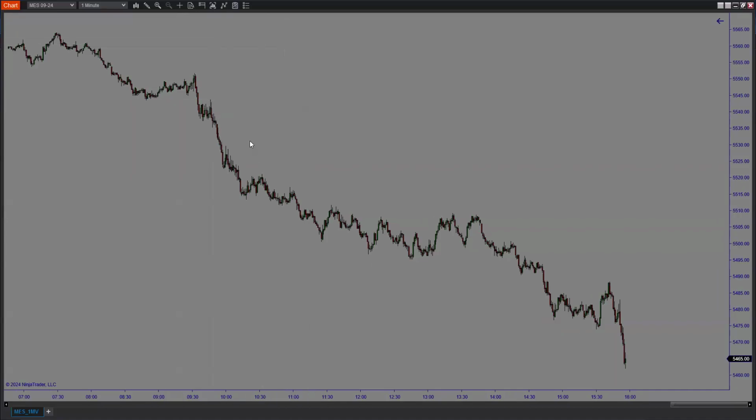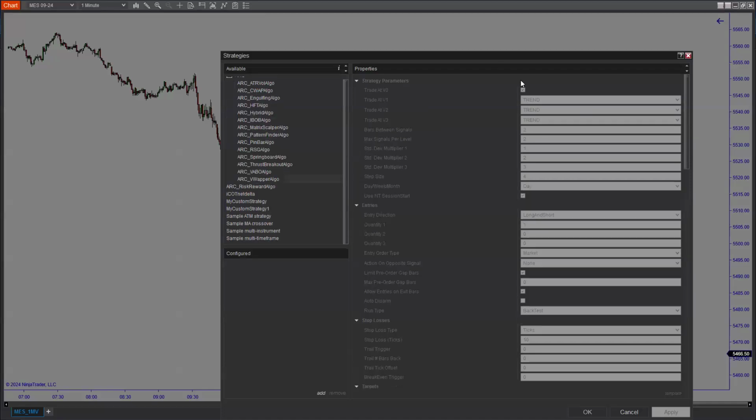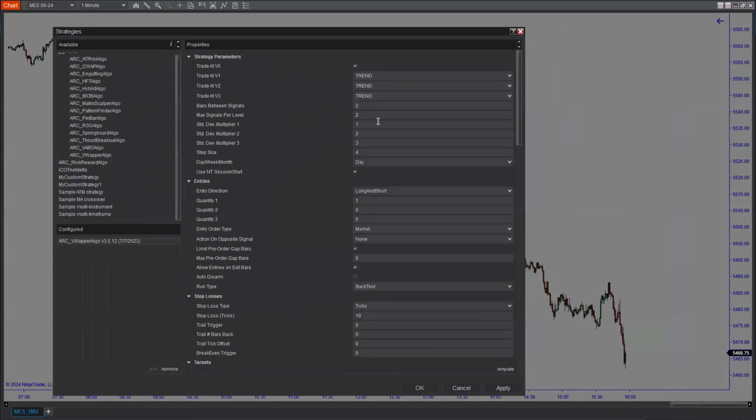Let's go in and add VWAPer. Bars between signals, 2 max signals per level.